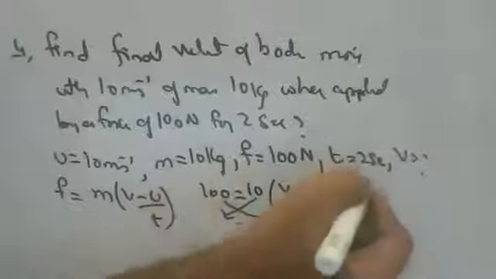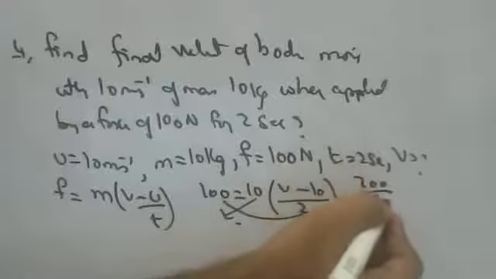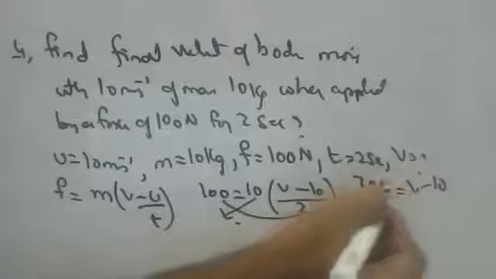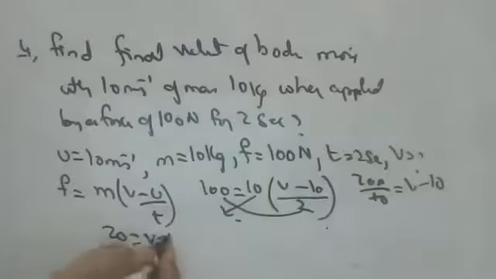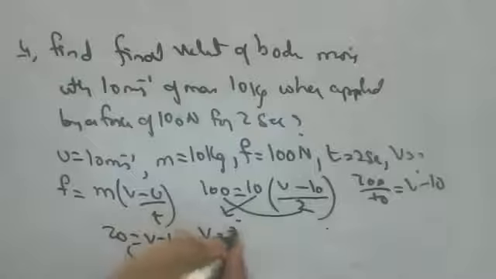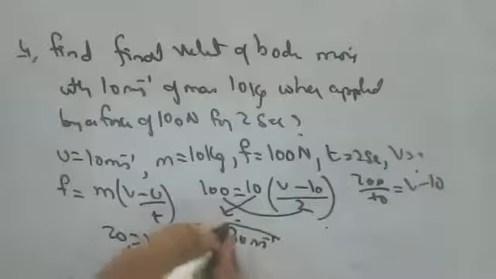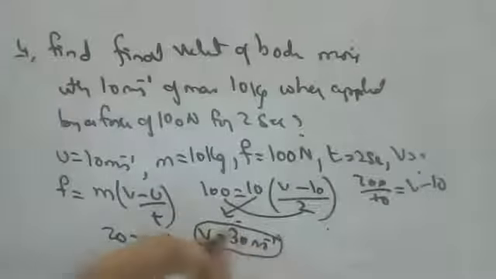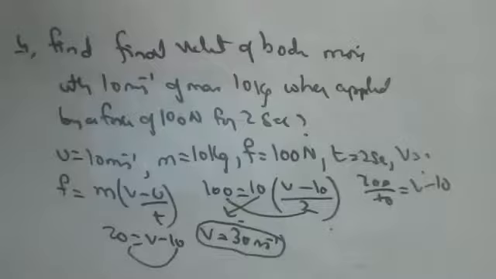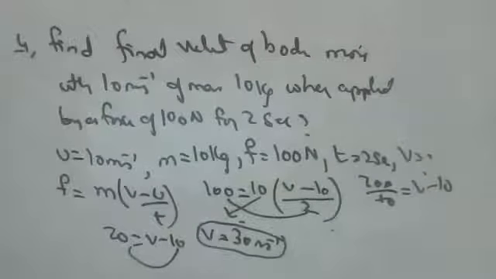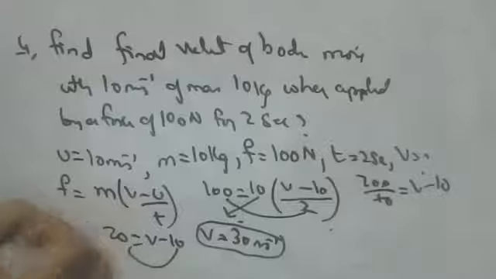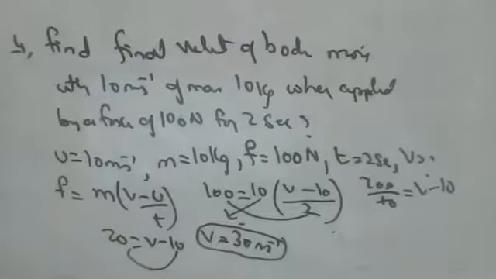So 200 by 10 is equal to v minus 10. So 20 is equal to v minus 10. 10 comes here. v is equal to 30 meters per second. 30 meters per second is the final velocity. Like this, you can answer the questions. If you write the data and the formula, you can substitute and get the subject. That's all.